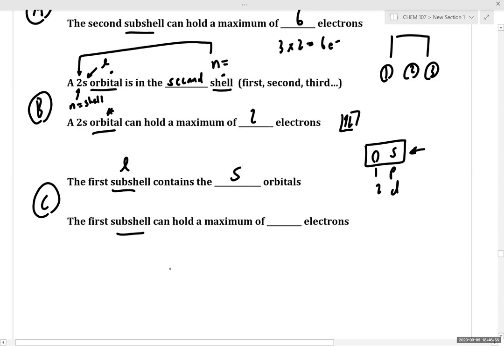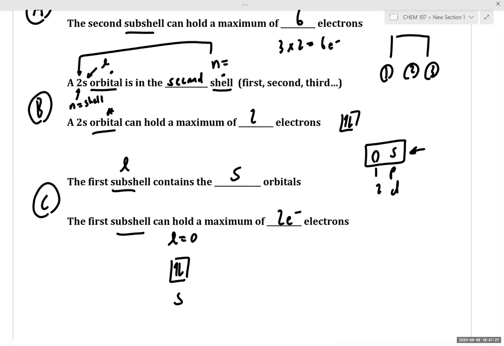And in the first subshell, when we're looking at the S orbitals, how many electrons can be found in the S subshell? Two of them already. I don't want any more. How many electrons are found in the S subshell? 2, because we have one orbital. So the S subshell can hold 2 electrons.